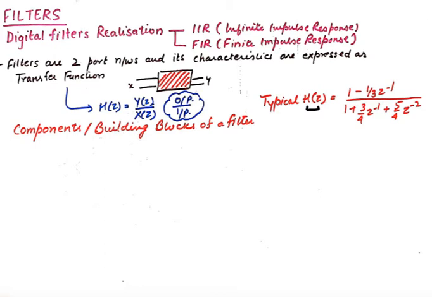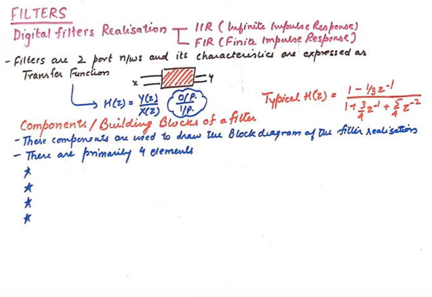Let's see what the basic building blocks of a filter are, and then we can proceed to realize the filters, which is also known as the structuring of filters. Different types of filter structures are available, and we'll see each of them one by one.